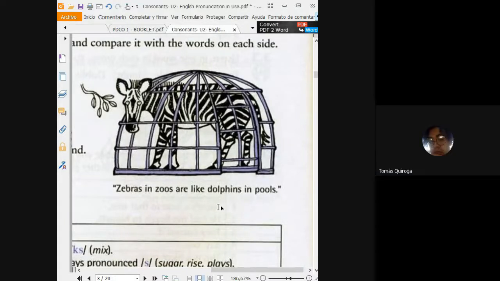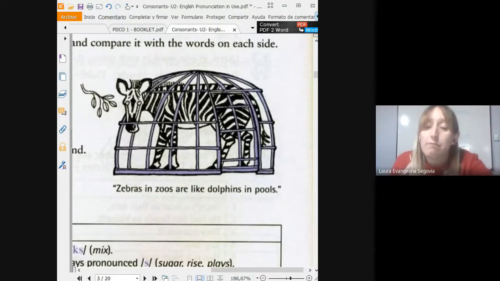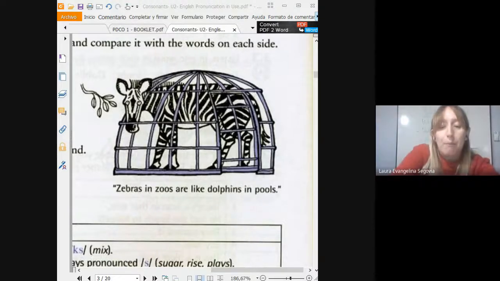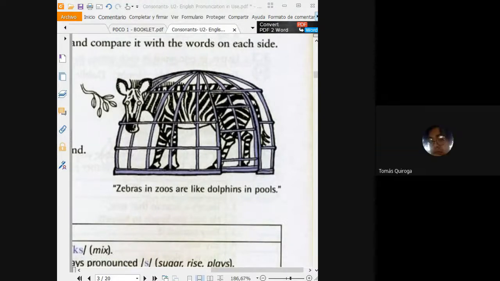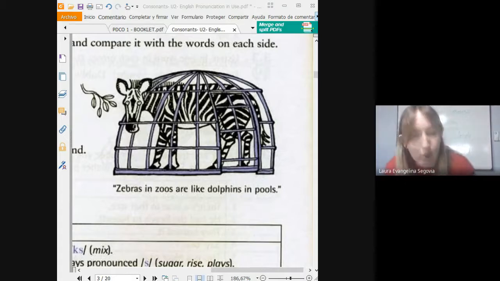How is it said? Dolphins with an F sound. Okay. Dolphins in pools. Say it one more time. Zebras in zoos are like dolphins in pools. Okay, good. Dolphins. Very good.